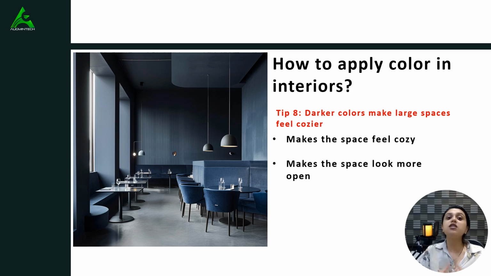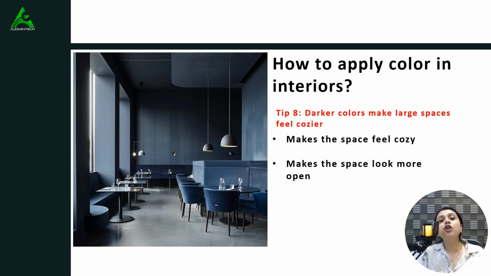If it's an exceptionally large space, you can dial it down and create a cozier atmosphere while using darker tones. Now you can do the same thing for smaller rooms as well, but that will make the room even smaller. So think about the color schemes when you are using them. When you're using darker colors, always make sure that the space is large enough to handle it.